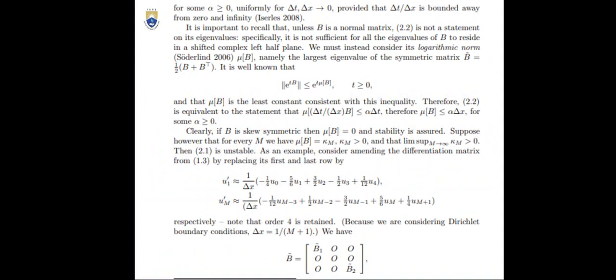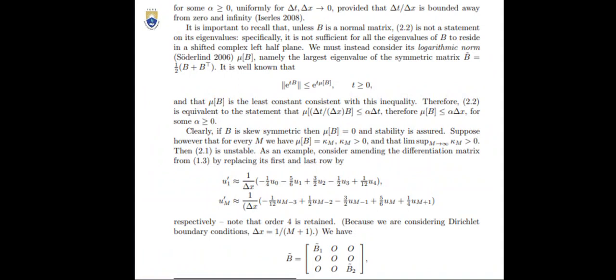For some alpha greater than or equal to 0, uniformly for Δt, Δx tending to 0, provided that Δt/Δx is bounded away from 0 and infinity (Iserles 2008). It is important to recall that unless B is a normal matrix, 2.2 is not a statement on its eigenvalues. Specifically, it is not sufficient for all the eigenvalues of B to reside in a shifted complex left half plane.